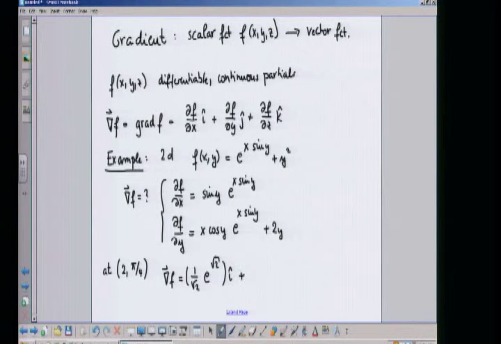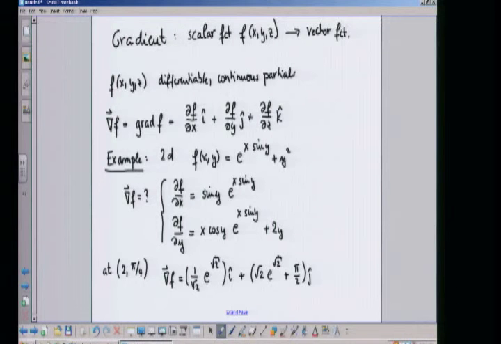And then for the j component, we put the same points in the y derivative. So x is 2. 2 times 1 over square root of 2 is again square root of 2, times e to the square root of 2. And then the 2y gives us 2 times pi over 4, which is pi over 2.